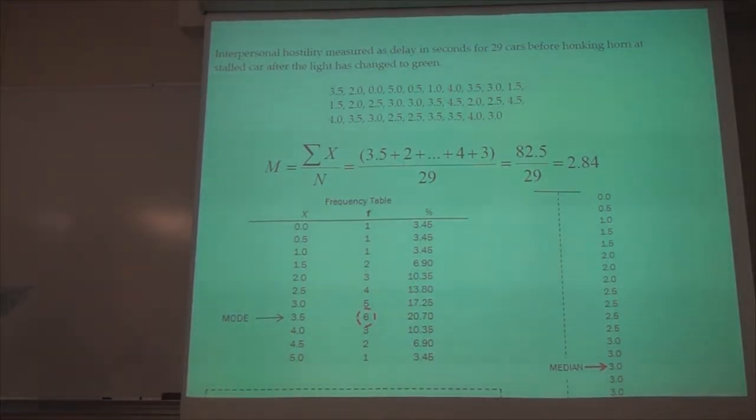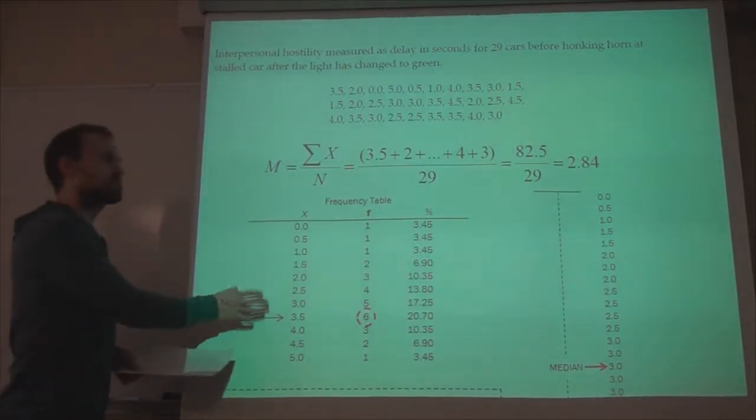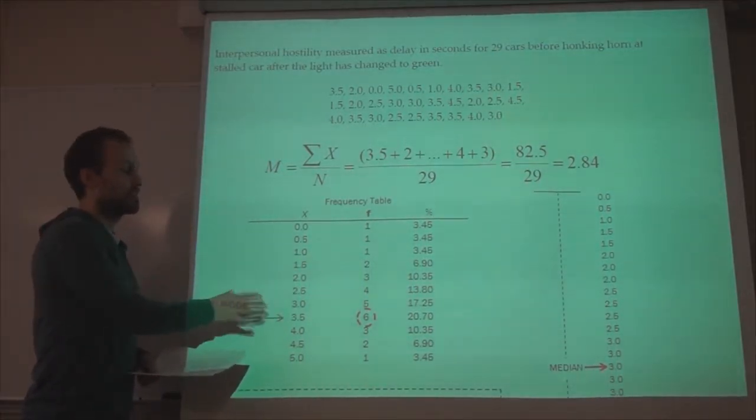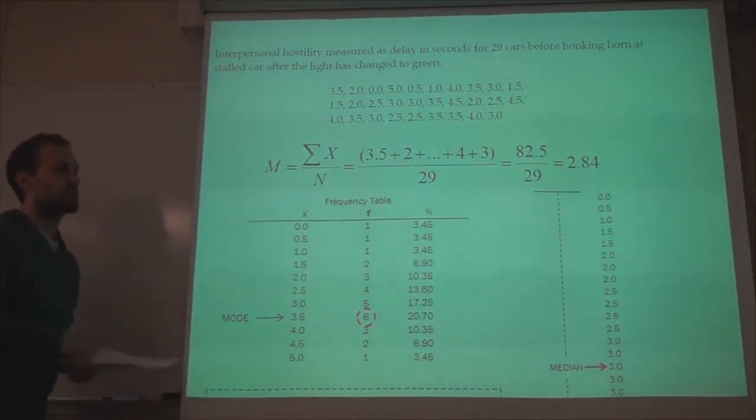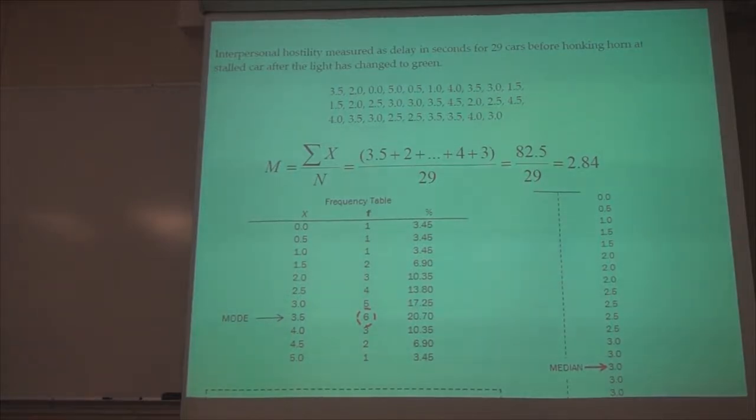The mode isn't used as much as the mean, but it's just good to be aware of it. When I don't have a lot of values, the mode can be relevant for many common distributions, or one of the main ones we'll be looking at. These are often the same or close to the same.